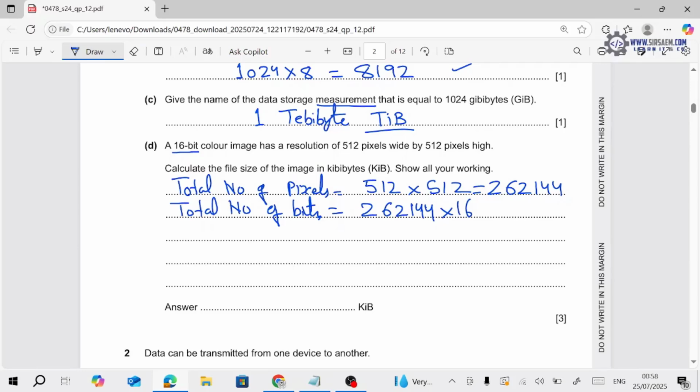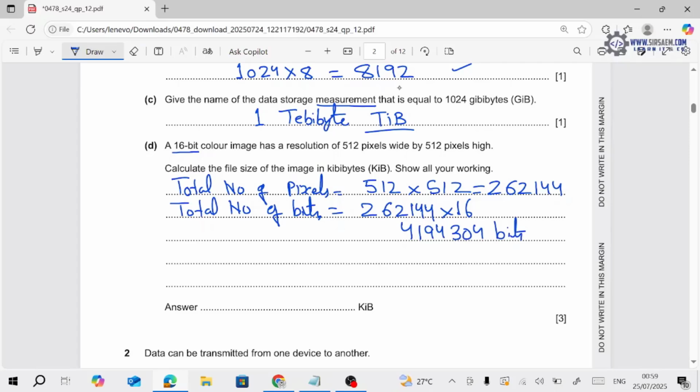So once you multiply it by 16, let me just do my rough working. We'll be getting 4,194,304, and these are the bits that we have.